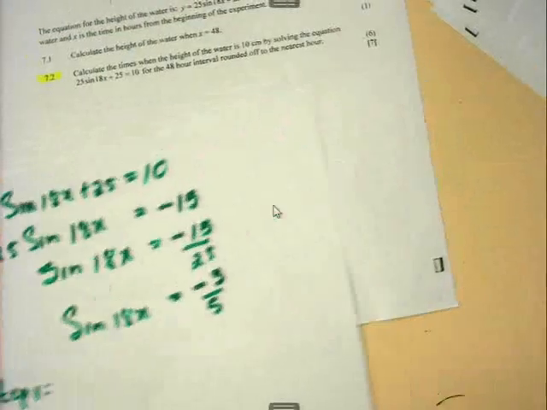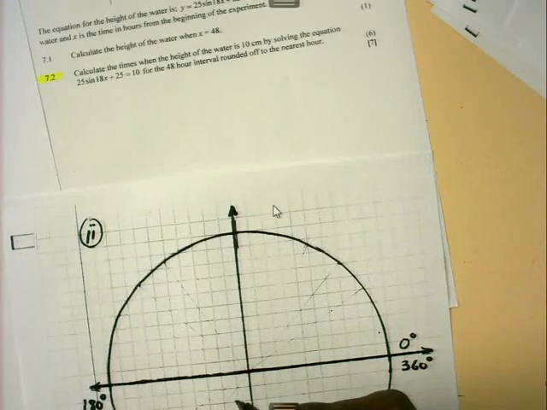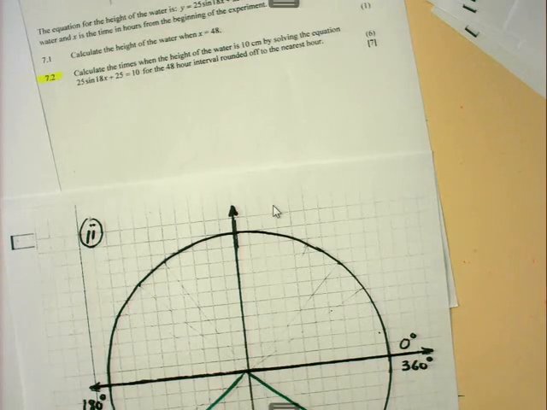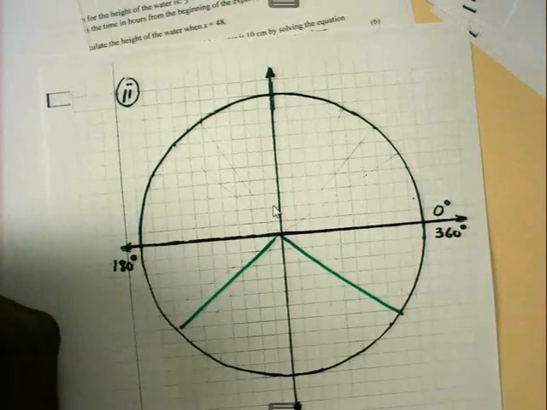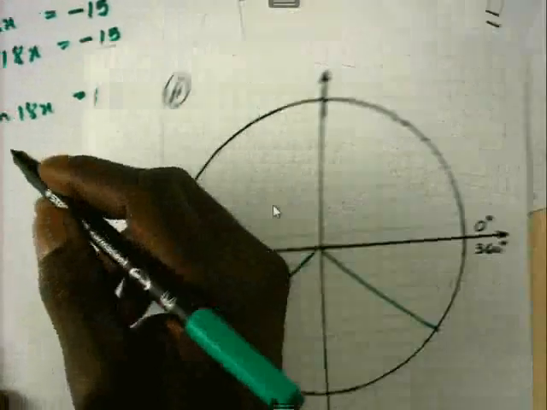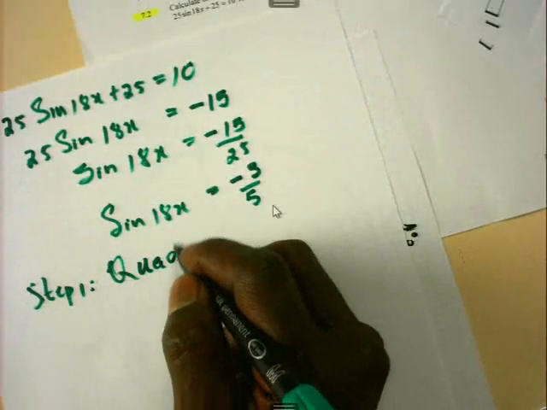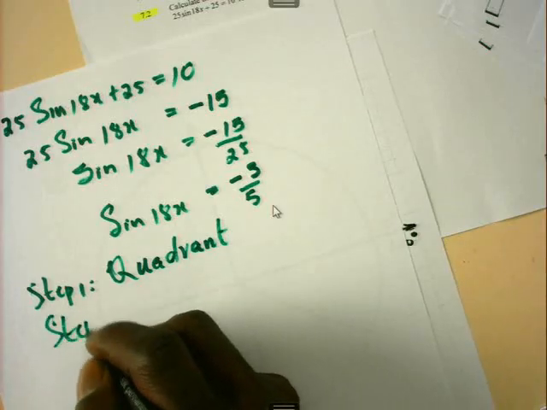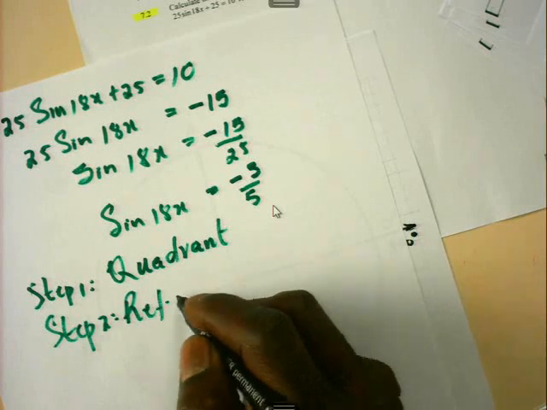It is not second, but the third quadrant and the fourth quadrant. Now we have identified the quadrant. Step 2, we must find the reference angle.